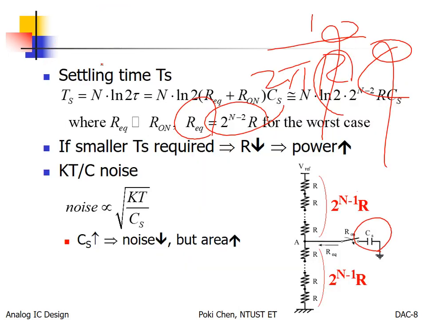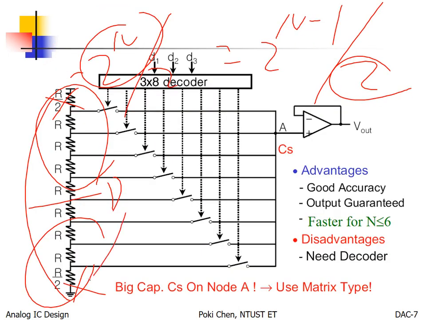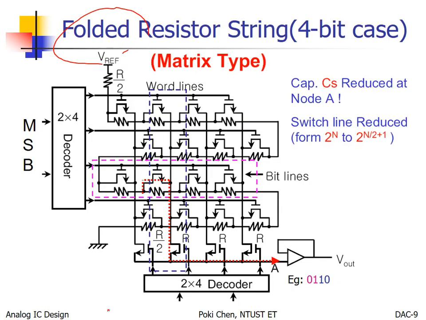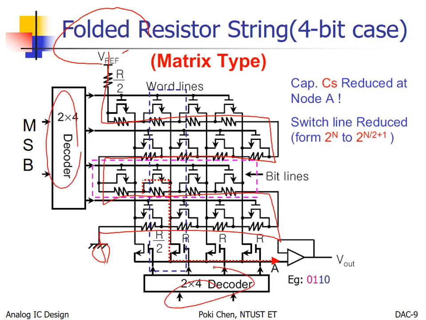You can see this is unfolded, drawn from the top to the bottom. But we would like to fold it, just like this one, from the top to the bottom. That's it.